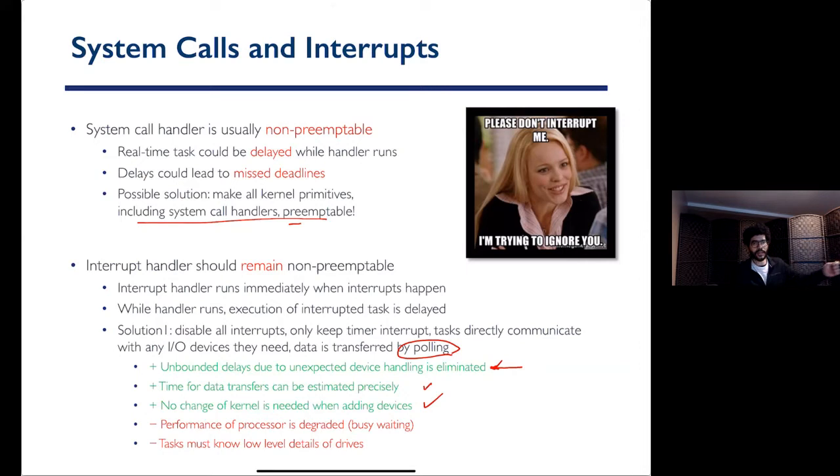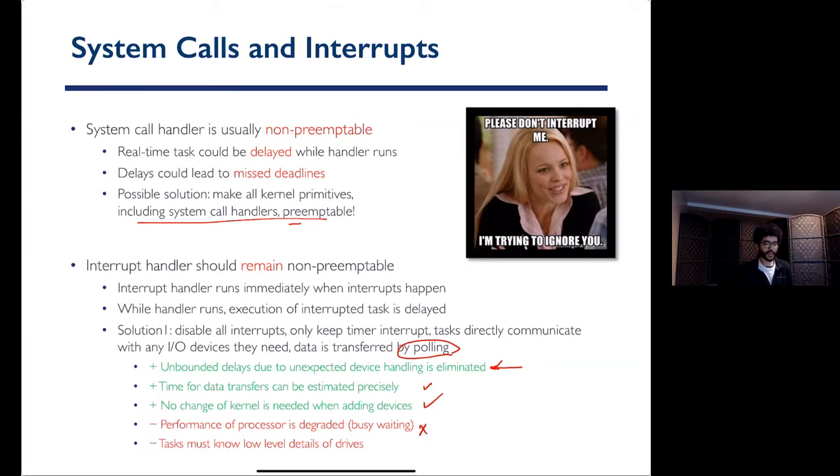You should just constantly ask your NIC, your network card, do you have a new packet? Do you have a new packet? So you're wasting CPU cycles to just ping the network device. Whereas if you had interrupts, you could just go and do something else, and whenever there is a new packet, you will be interrupted. So that's bad. If you want to do polling, you have to do busy waiting. So this is one negative.